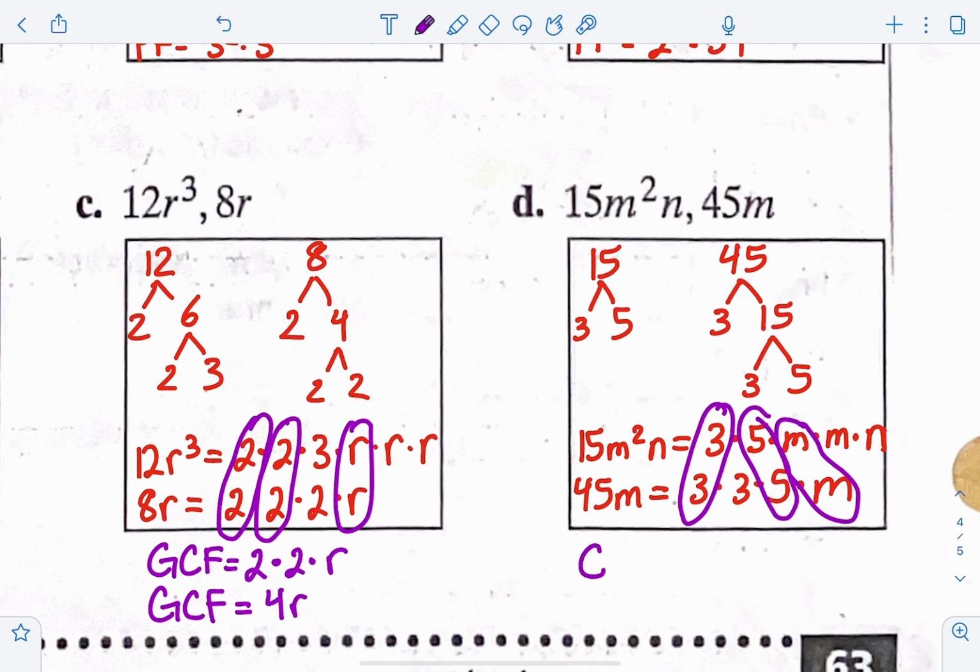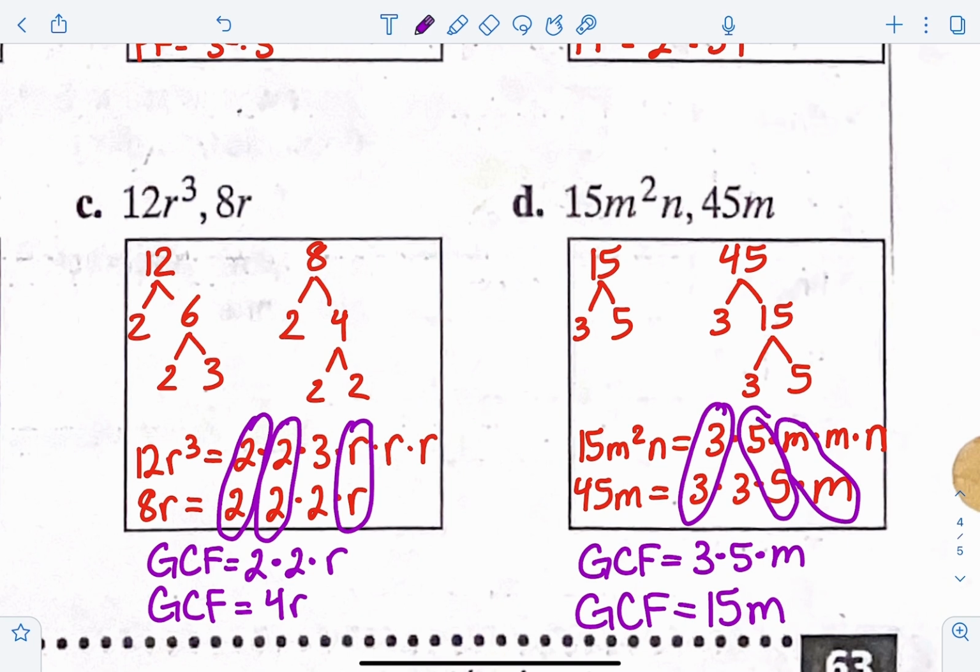So for your greatest common factor, you should have GCF equals 3 times 5 times m, because again, they share a set of 3s, I bring down 1 3. They share a set of 5s, I bring down 1 5. They share a set of m's, I bring down 1 m. When I multiply those together, I should get 15m as my greatest common factor between 15m to the second n and 45m.